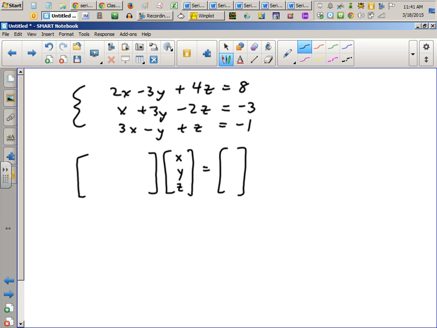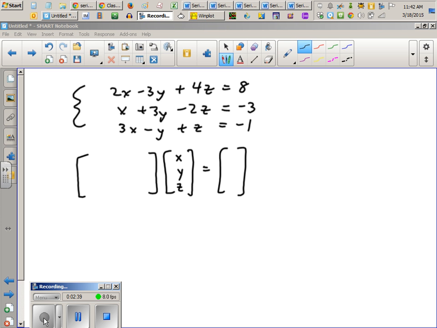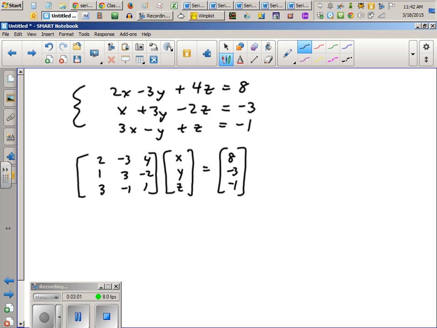Fill in the blank. Ready, go. Okay, so you should have placed the 2, the negative 3, the 4, the 1, the 3, the negative 2, the 3, the negative 1, and the 1 here, and then the 8, the negative 3, and the negative 1 here. Everyone have that correct? I think I copied that right. Always double check.